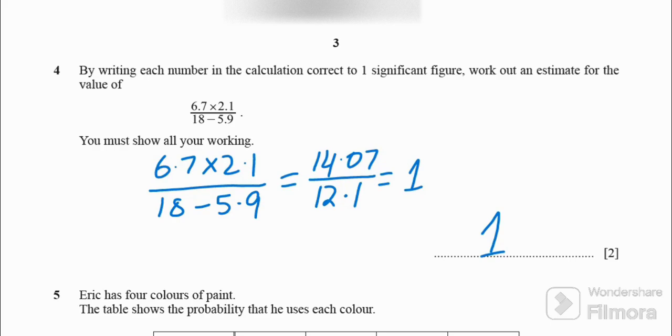That will be 6.7 multiplied by 2.1, which is 40.07, divided by 18 minus 5.9, that is 12.1. So once we do this, the answer is 1, because the question states it must be one significant figure. So one significant figure will be 1.